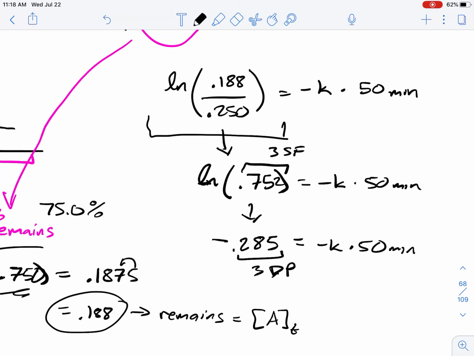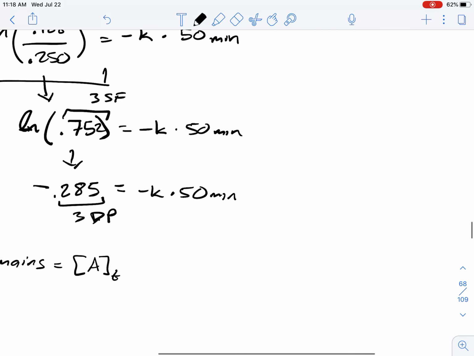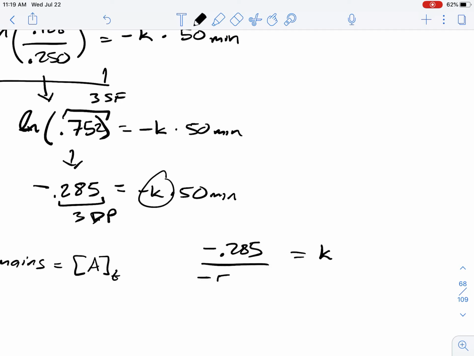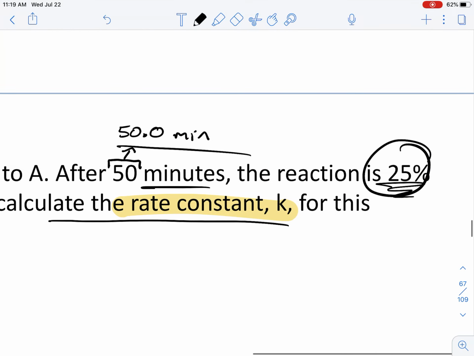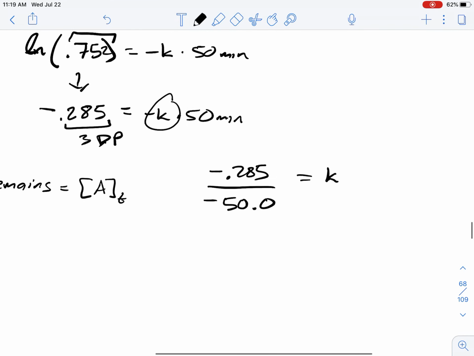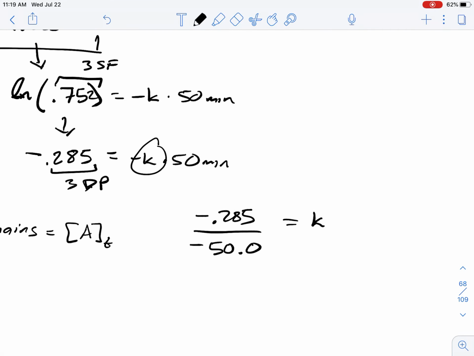What I'm going to do is solve for k. So k is going to equal negative 0.285 divided by negative 50.0. I apologize, I didn't put in that 0. There's that lingering 0 that I did not put down.